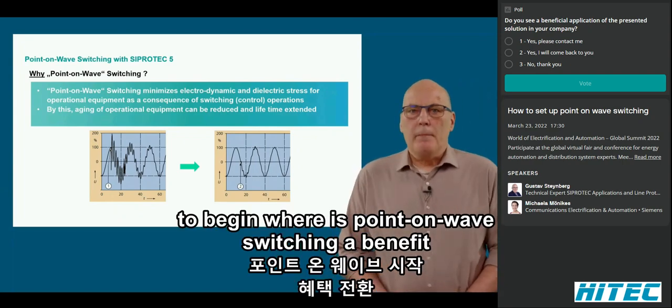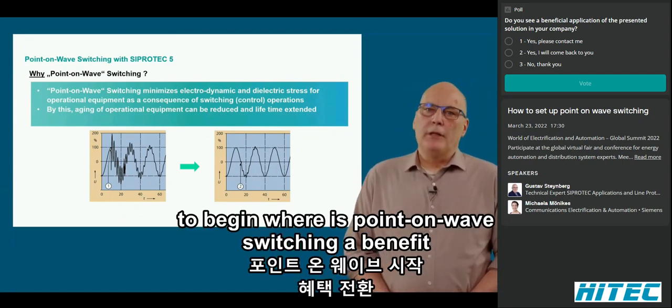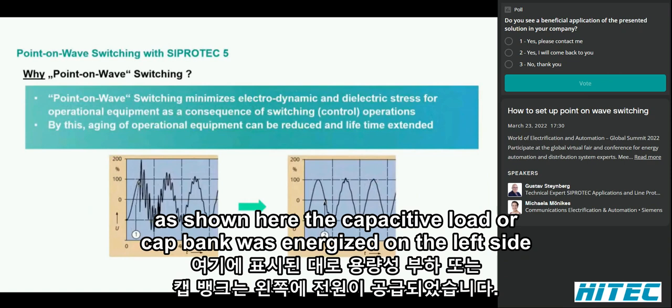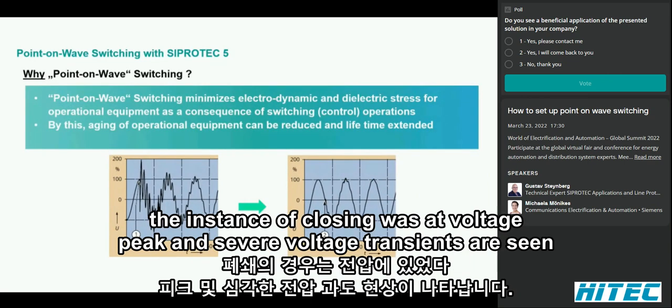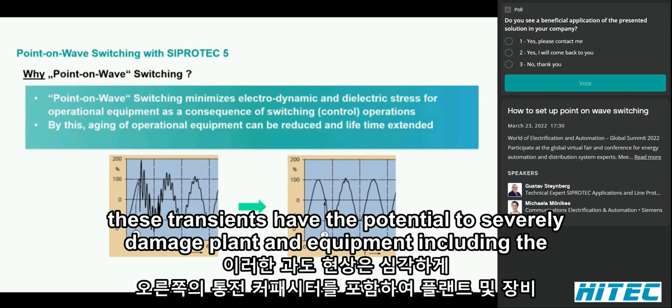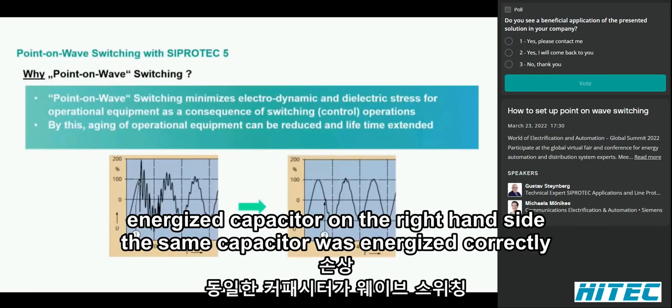To begin, where is point-on-wave switching a benefit? As shown here, a capacitive load, or cap bank, was energized. On the left side, the instant of closing was at voltage peak, and severe voltage transients are seen. These transients have the potential to severely damage plant and equipment, including the energized capacitor.